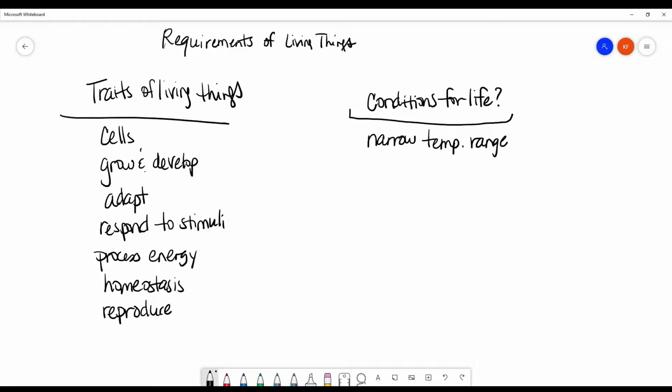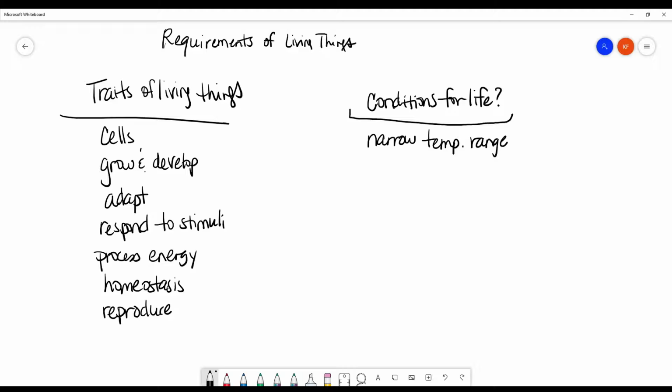The environmental conditions necessary to maintain life. Okay, just like 5 more seconds.